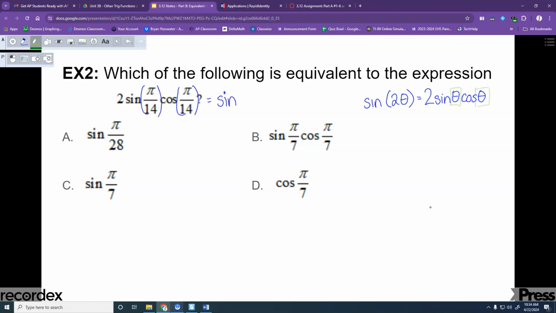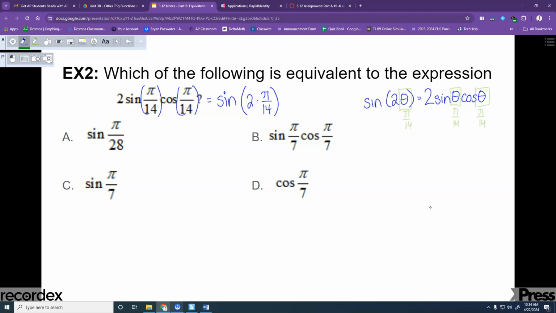We know those are both pi over 14, right there. So we know those angles. So that means this right here is also pi over 14. That's being multiplied by 2, right? So we would have to write this as 2 times pi over 14.